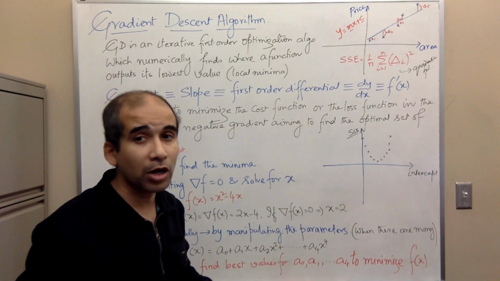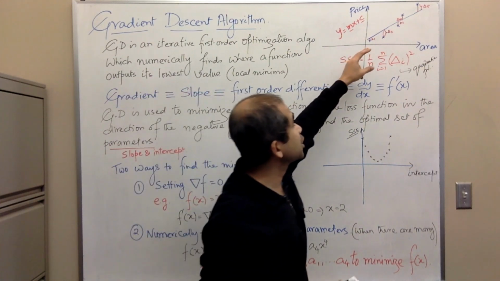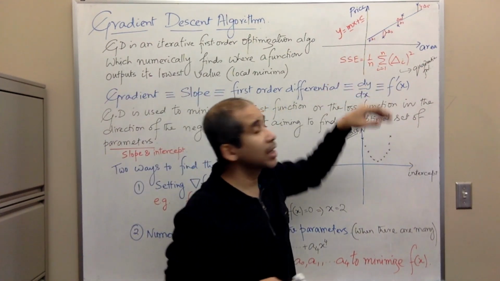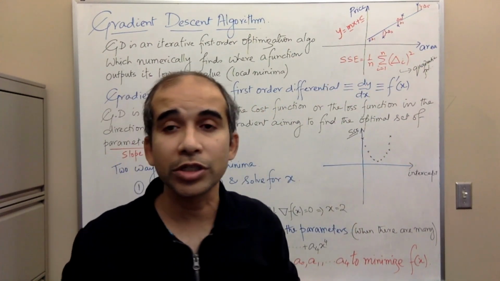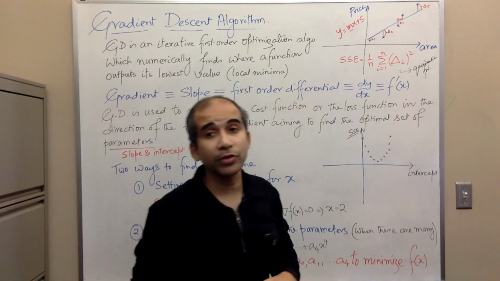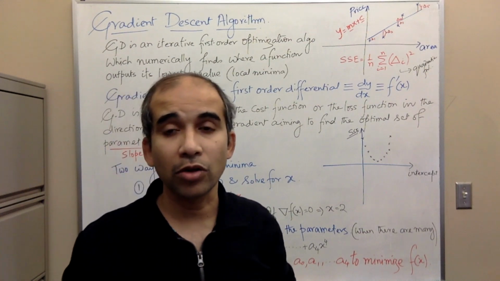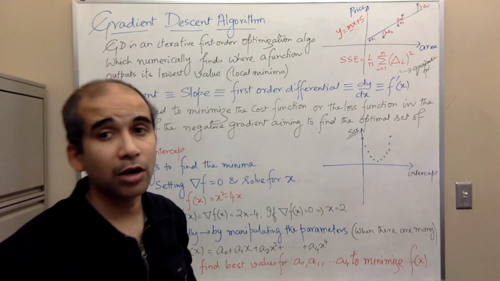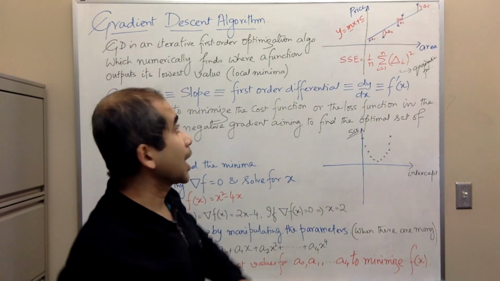That difference is called the residual. Okay, and then we find the sum of the squared errors, which is like the average: 1 over n, sum for i equal to 1 to n, del i squared, where del i is the residual.